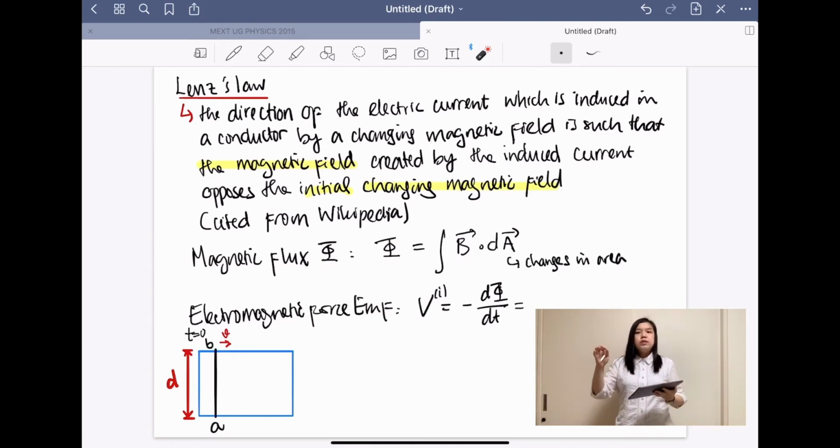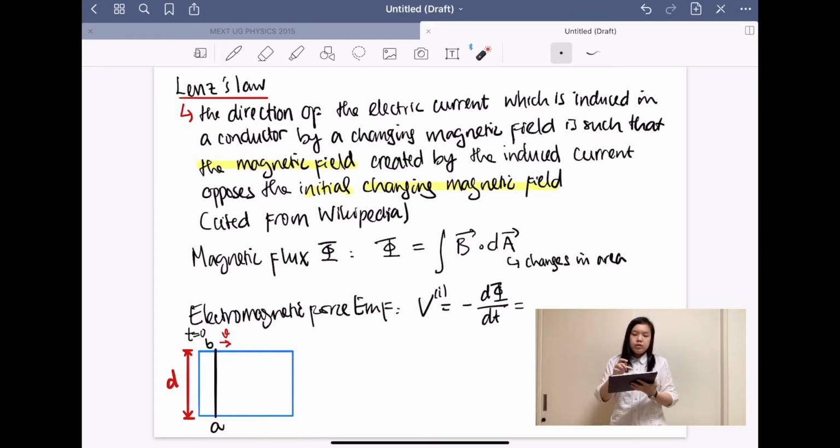If we decrease the magnetic field entering the system, the system doesn't like changes, so the system will try to increase it back by adding more magnetic field in the same direction. So it is easier to remember that way.